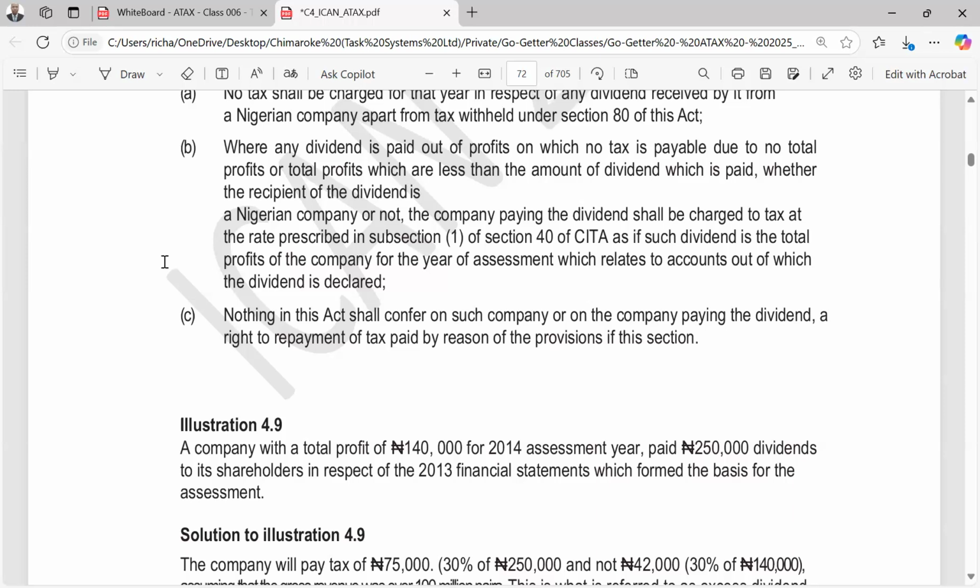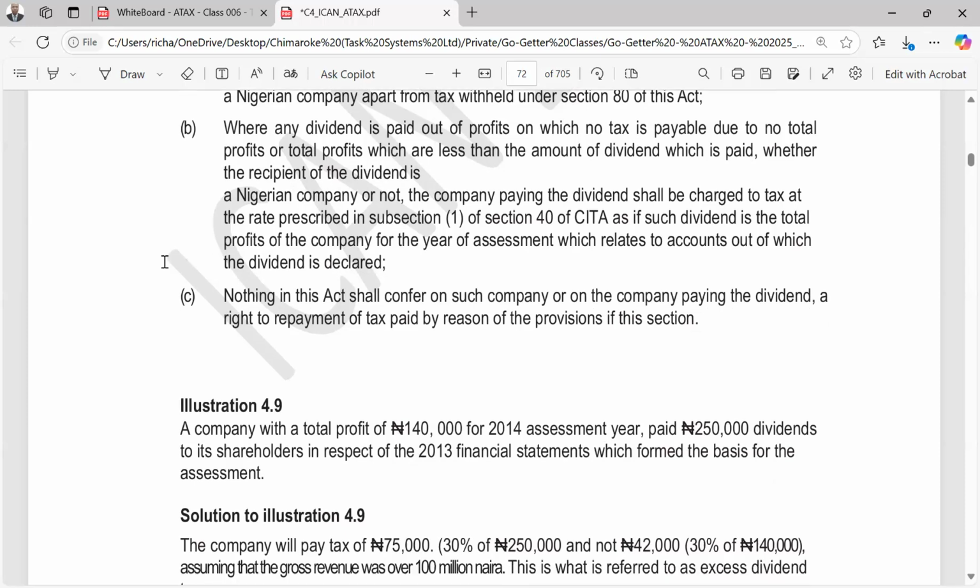Now they said, nothing in this Act shall confer on such company or on the company paying the dividend a right to repayment of tax paid by reason of the provision of this section. So all these are just legal terms.